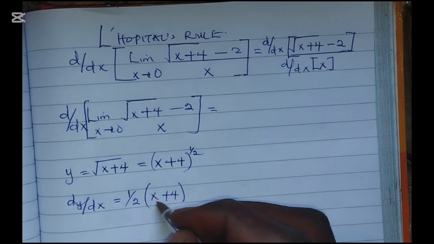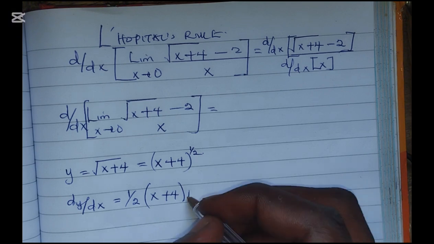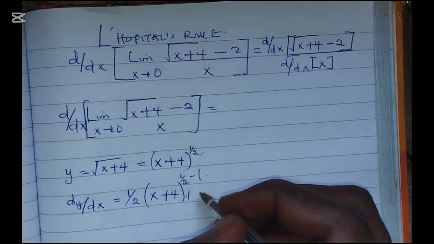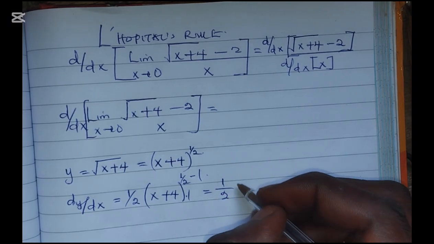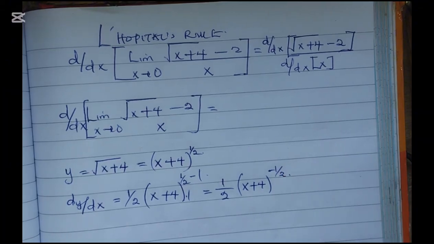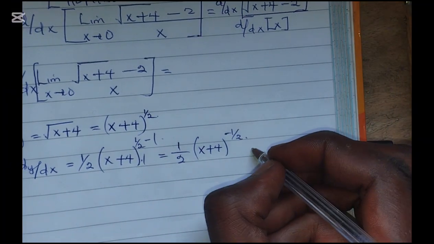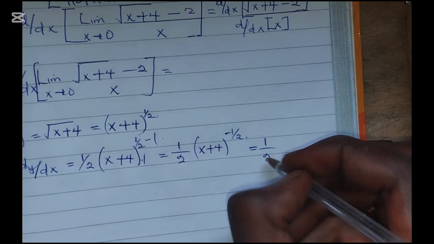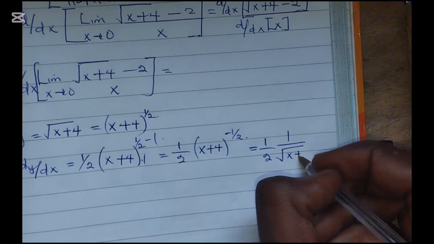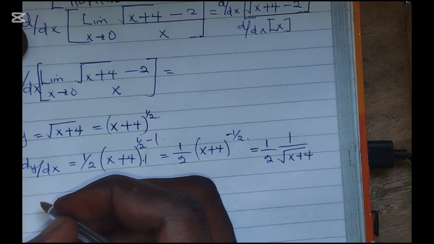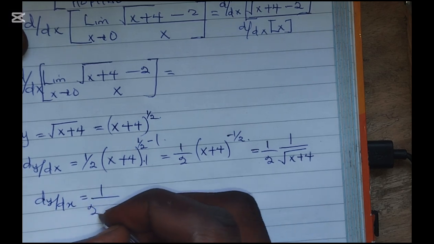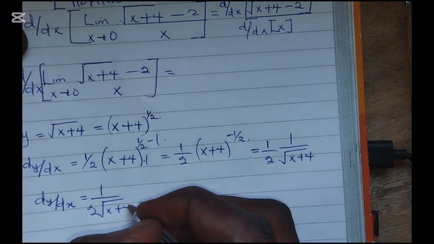If we differentiate what we have inside, you have 1 multiplied by 1, and this 2 goes to half minus 1, so we have 1 over 2 into x plus 4 to the power negative half, and this negative half stands for 1 all over root of x plus 4. So dy dx of that function is equal to 1 all over 2 root of x plus 4.